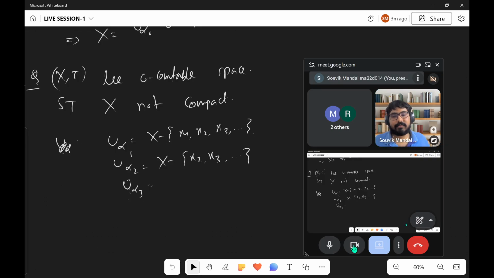If we take the finite union, we included x1 to xn, but we excluded xn plus one, xn plus two. These are all excluded in the union. We are not able to get the whole X if we take the finite union.